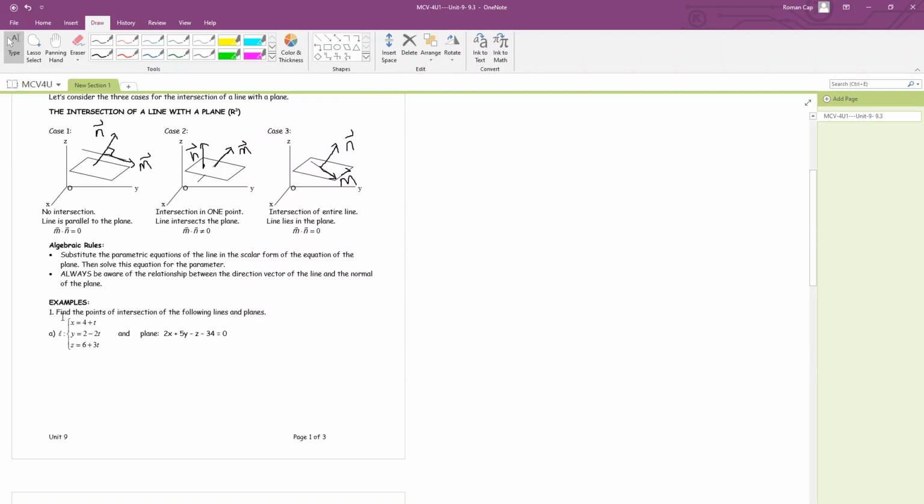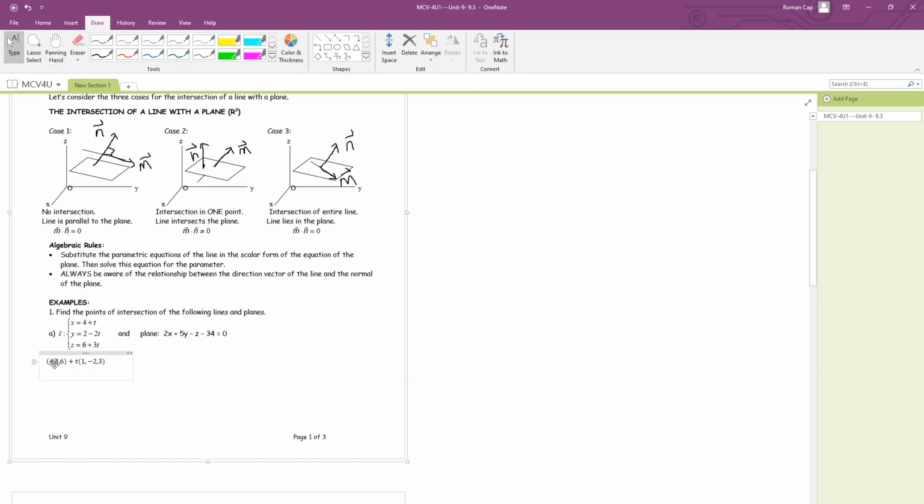So the first one is saying, find the points of intersection of the following lines and planes. So we have the line and then the plane. So I'll just start by rewriting this. So we can write this in this form. So 4, 2, 6 plus t, so that's 1, negative 2, and 3.